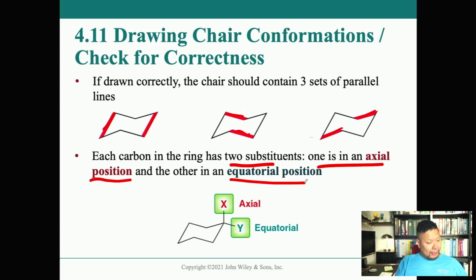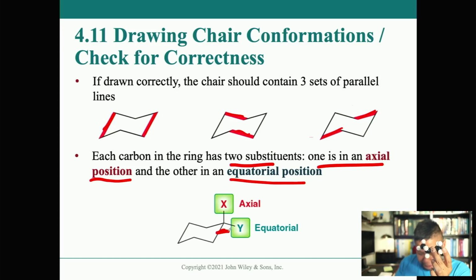So let me bring back my cyclohexane. That's a lot easier to point out on than this drawing that I drew. That's terrible, right? So here's my cyclohexane, and you see these hydrogens right here. The one they're pointing at right now is this hydrogen on this carbon right here.